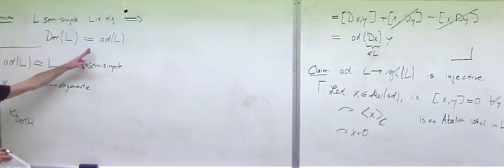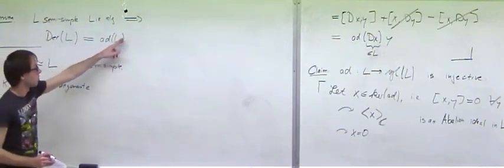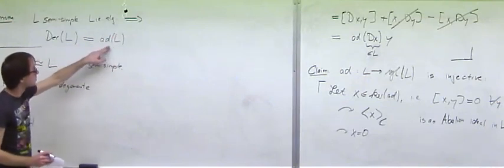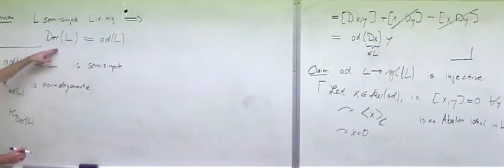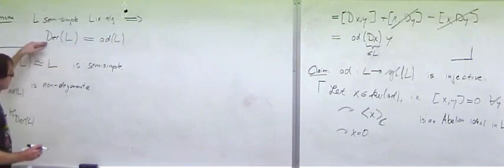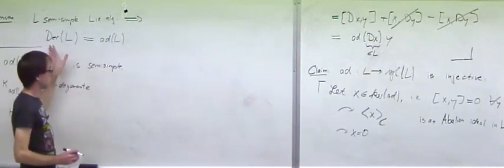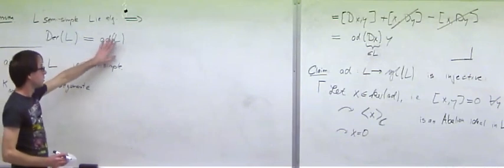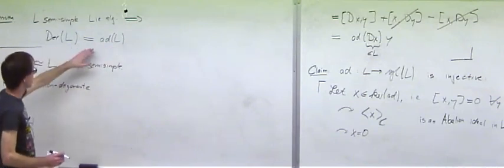Again, where are we? We know ad L is a sub-Lie algebra of the Lie algebra of all derivations of L, and we want to show that we get everything. But at the moment we don't know this, so in our imagination, this is smaller.